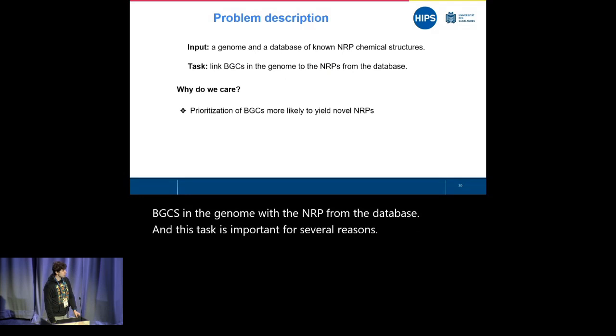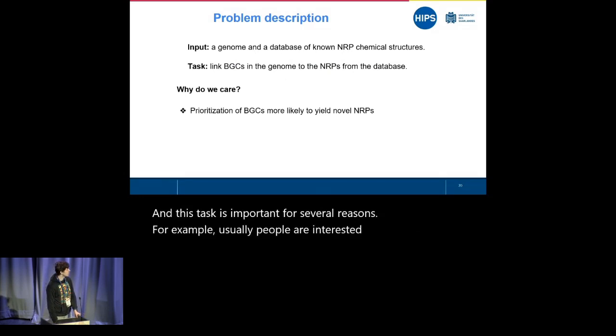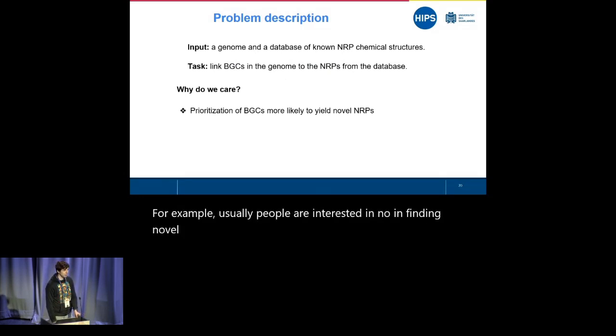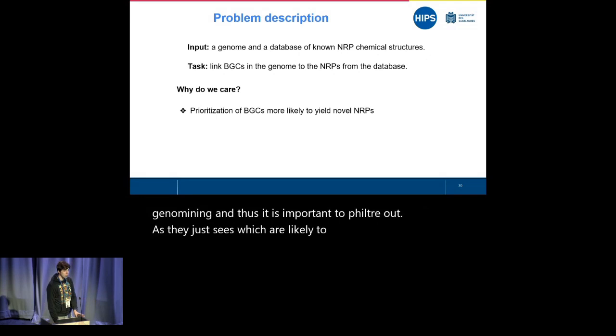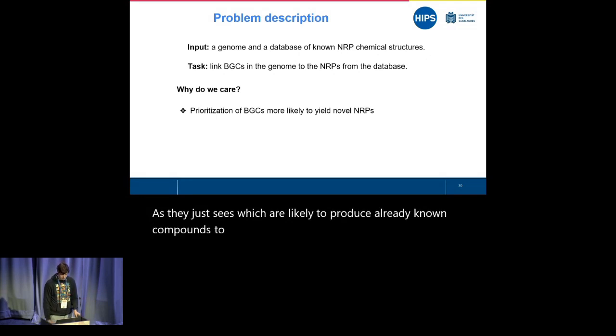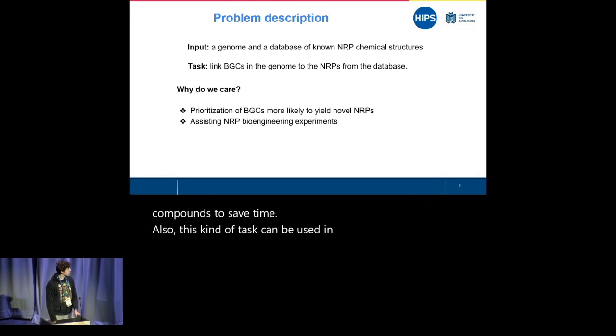For example, usually people are interested in finding novel nonribosomal peptides, and the usual approach for this is genome mining, and thus it is important to filter out the BGCs which are likely to produce already known compounds to save time. Also, this kind of task can be used in bioengineering when bioengineers try to find biosynthetic gene clusters which produce compounds close to the ones they need.